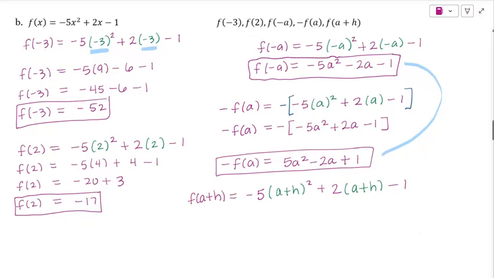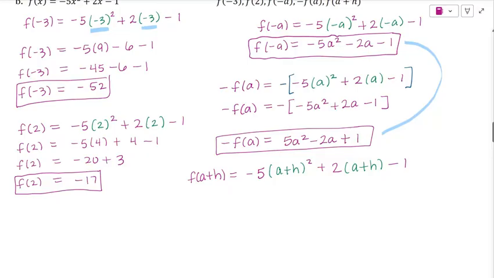All right, so I've got to do a little bit of math here. This squared is going to be a squared plus 2ah plus h squared. And that whole thing is being multiplied by negative 5. Then I've got plus 2a plus 2h minus 1.